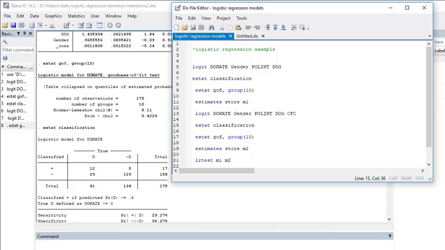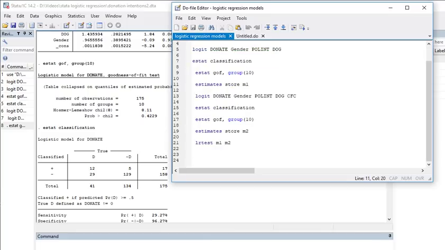In this case, what we're going to use is the estimates command. We're going to use estimates store, and then ML. What that's going to do is store the chi-square value and whatever estimates from the first model. And then I'm going to do the same thing for this second model. I'm going to run this as a batch instead of running it separately.